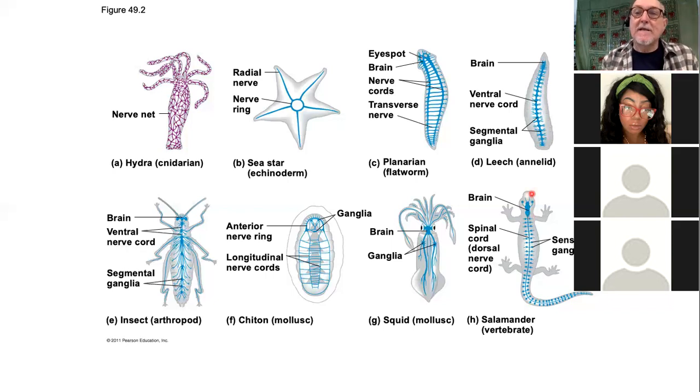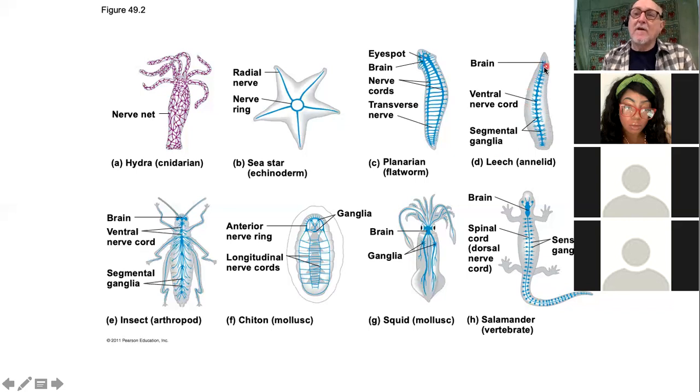I want to just point out some of the differences, though. I want to remind you that in these groups, in things like planaria, the insects, and in the mollusks, the nervous system is organized a little differently from the way it is in the vertebrates. Although there is a brain, there are nerve cords.